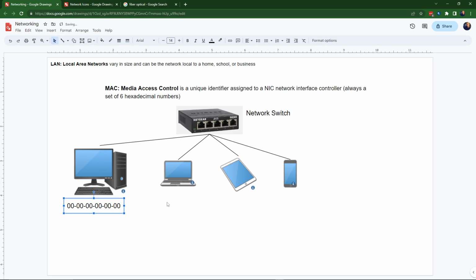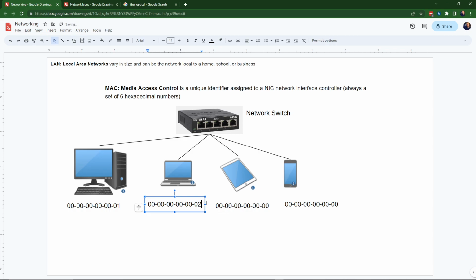So if we were saying that we started from the very beginning, these are the first devices ever made, and each one of them has a network interface card, which allows us to connect to the network, we could say that this is all zeros 1, this is all zeros 2, all zeros 3, and all zeros 4.